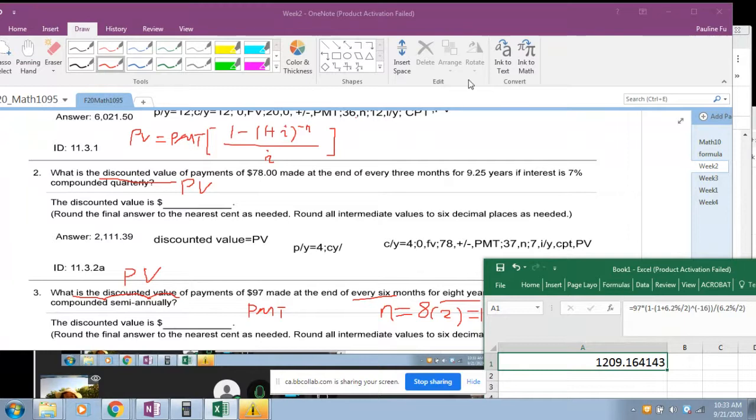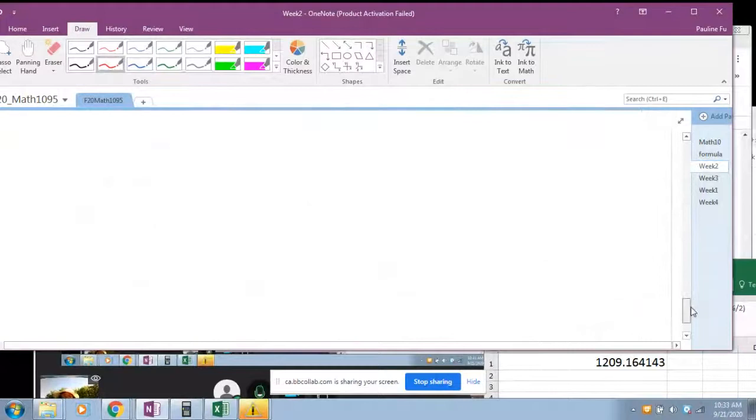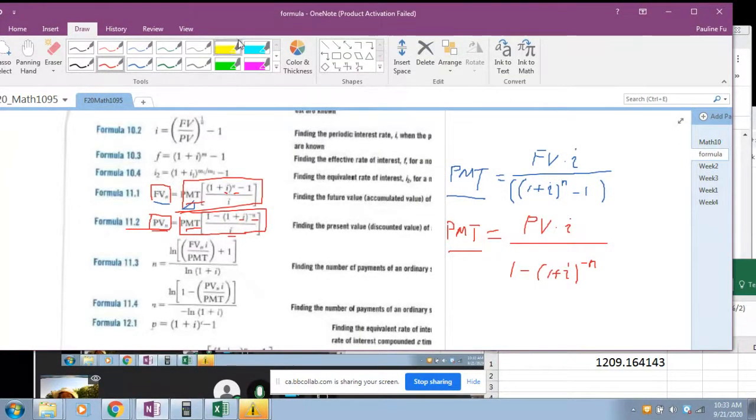Okay. Any questions? All right. Let's do a summary for today's lecture. So this lecture, we calculated the future value of an ordinary simple annuity. We also calculated the present value of simple annuities. And we calculated PMT.